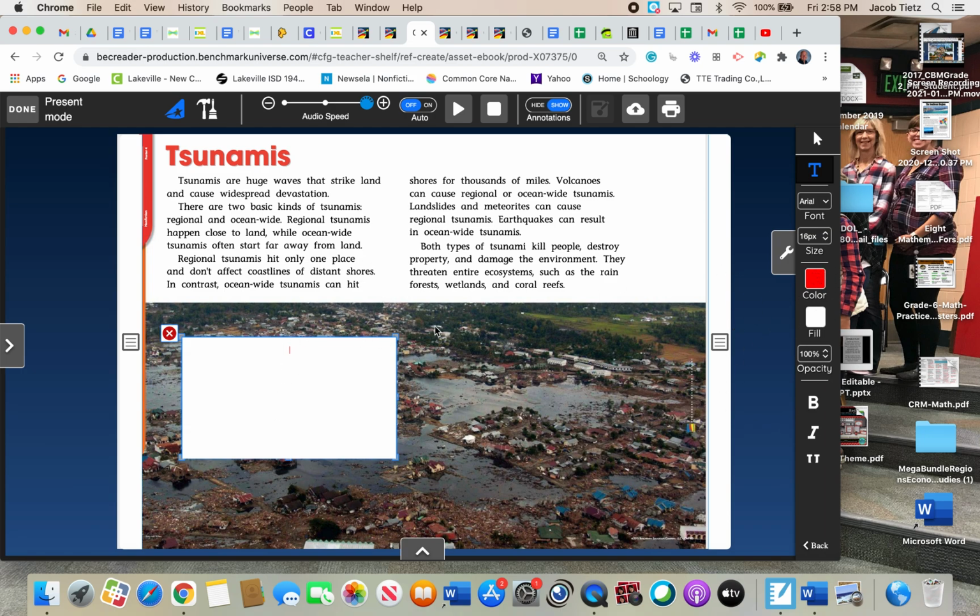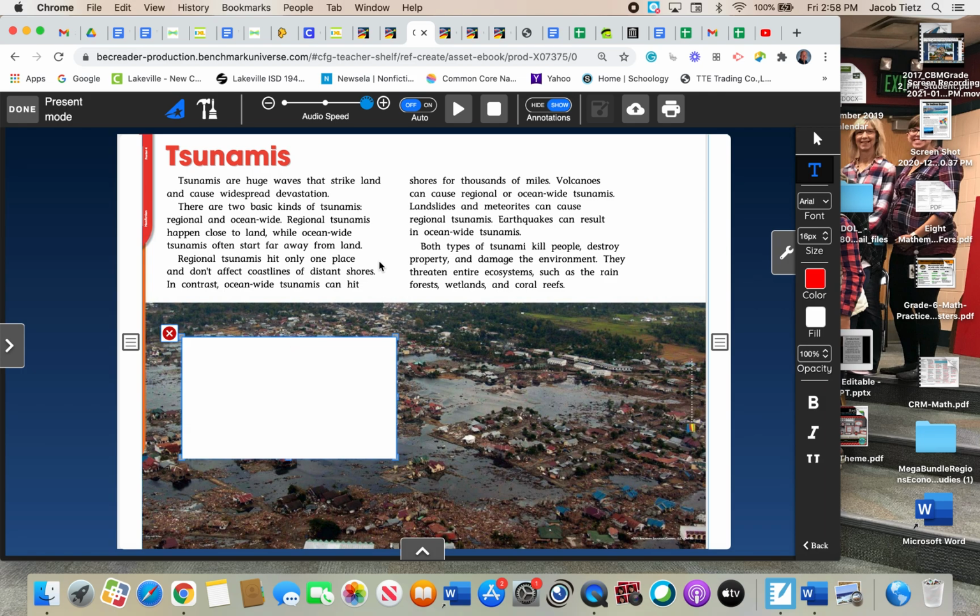So the comparing, how are they the same? It says there's two kinds and they give a difference. Here they talk about regional, and then they talk about, now it says both. So both is being one of my keywords.